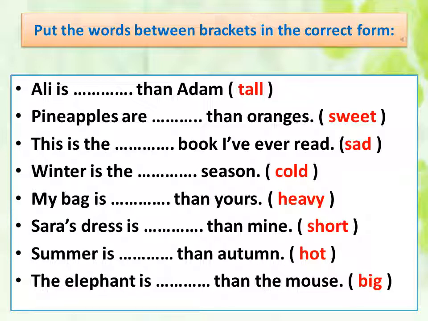My bag is heavier than yours, heavy. Sarah's dress is shorter than mine, short. Summer is hotter than autumn, hot. The elephant is bigger than the mouse, big. Put the adjectives in the comparative or superlative; than is used with the comparative, and with the superlative we do not use than.